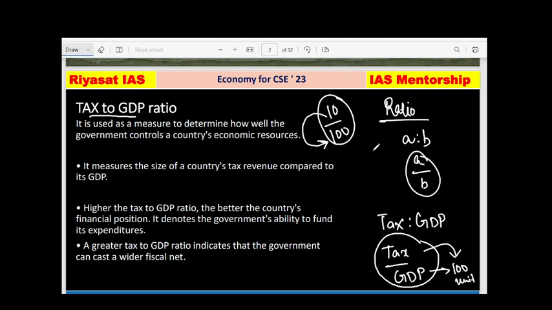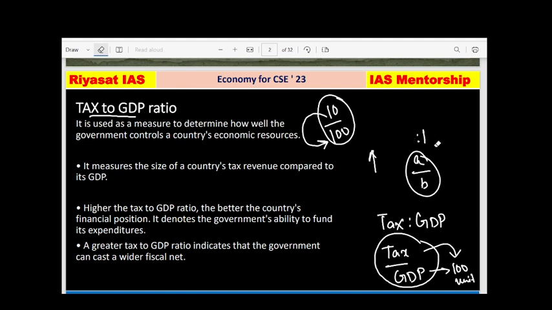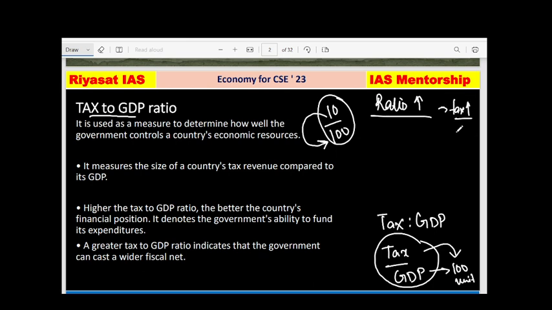So if I say that a higher tax to GDP ratio is present in the scenario, what does it mean? Basically, it means that tax collection is very good, tax collection is very efficient, and that is why tax is high in amount as compared to the GDP. Understood? I will explain again. If this ratio, tax to GDP ratio, is high, this means that my tax share in the GDP is increasing, which is a very positive thing.